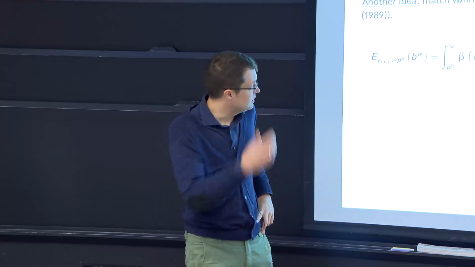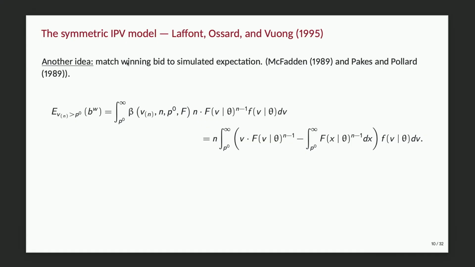Okay, so here's another idea. Instead of having to map back from the expression for my bid to my valuation and then evaluate the likelihood, what I could instead do is simulate the object that I observe. So I see a bid, and with the closed form expression for my bidding function, I can simulate the integral and match this integral, the expected winning bid, to the observed winning bid.